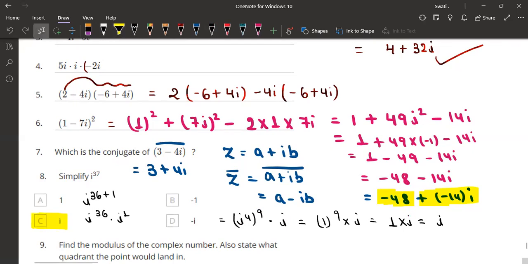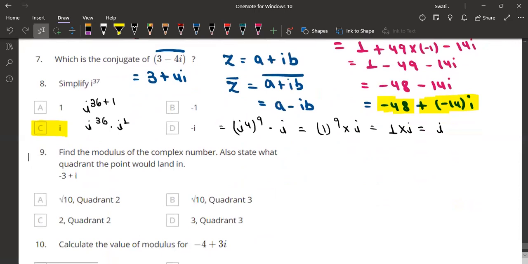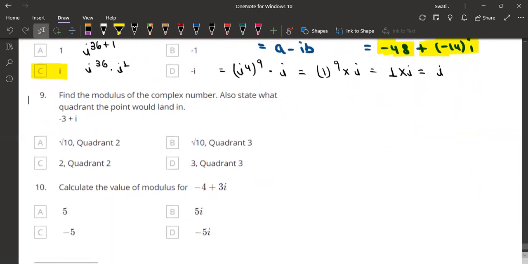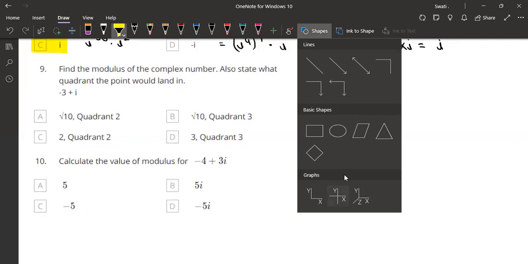All right, let's move to the next question. In the next question, we have to find the modulus of the complex number, and we also have to state what quadrant the point would land in. This is very simple. First, I need to draw the Cartesian plane for that.